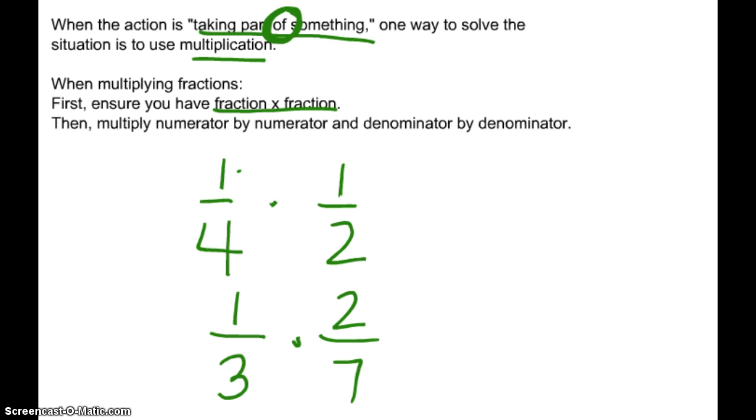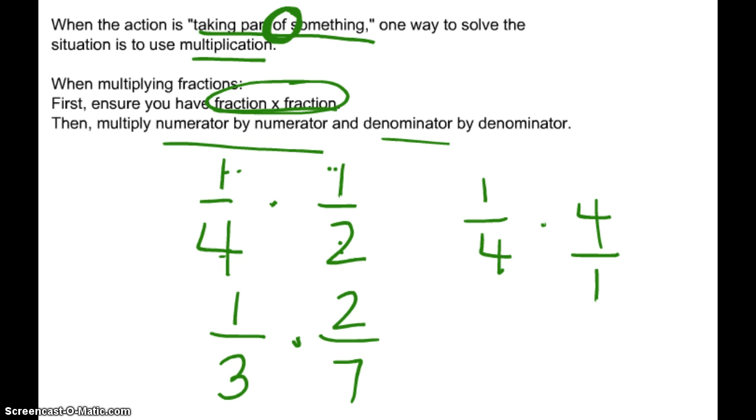Notice you have a numerator and a denominator. If you have 1/4 times 4, you need to get that to fraction by fraction. So once you have fraction by fraction, then multiply numerator by numerator, denominator by denominator.